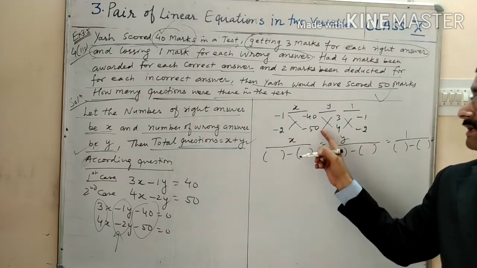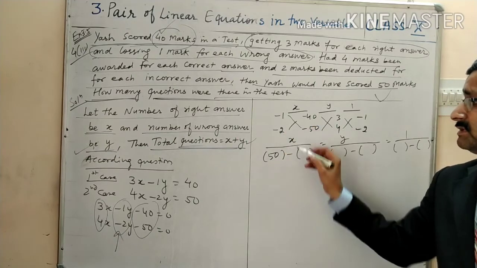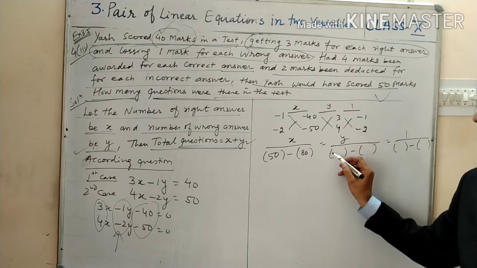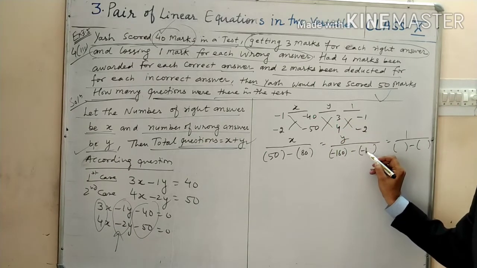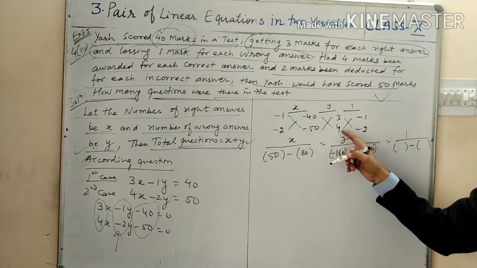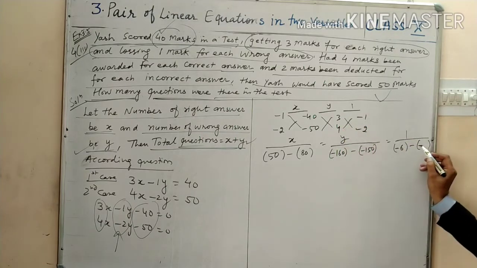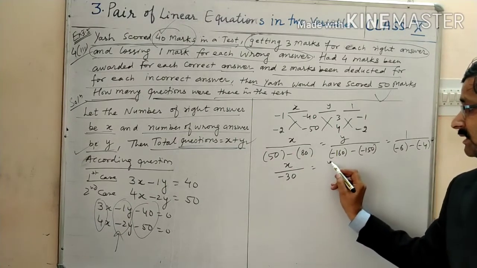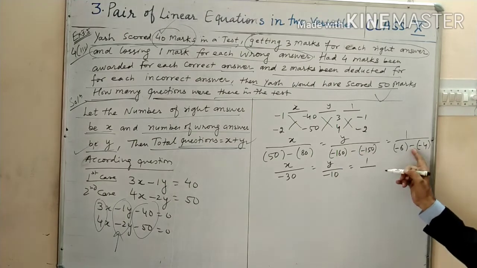Now you multiply. Minus 1 into minus 50 you get 50, minus 2 into minus 40 you get 80, minus 40 into 4 is minus 160, minus 50 into 3 is minus 150, 3 into minus 2 is minus 6, 4 into minus 1 is minus 4. So you get x upon minus 30, y upon minus 10, and 1 upon minus 2.